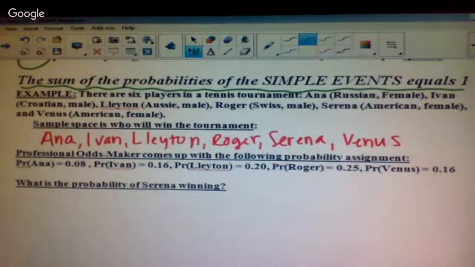Below that, it gives you the odds of each person winning. Anna has a 0.08 chance of winning, Ivan 0.16, and so on and so forth. The only person they don't give us is Serena. How am I going to find Serena's probability? Add them all together and subtract from 1. So you're going to add 0.08, 0.16, 0.20, 0.25, and 0.16.